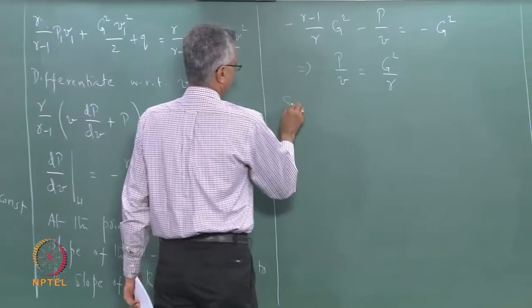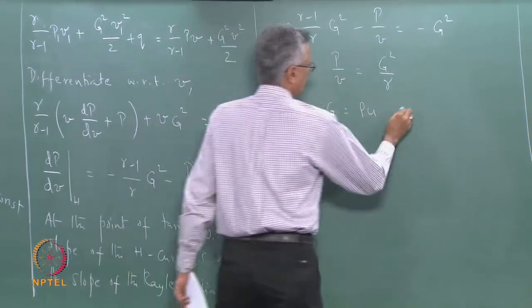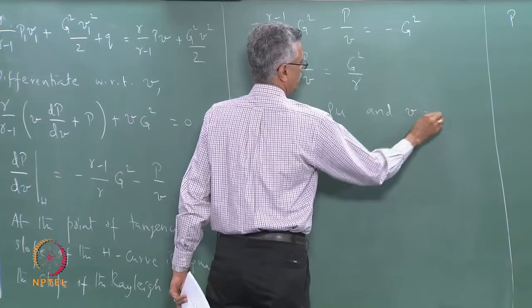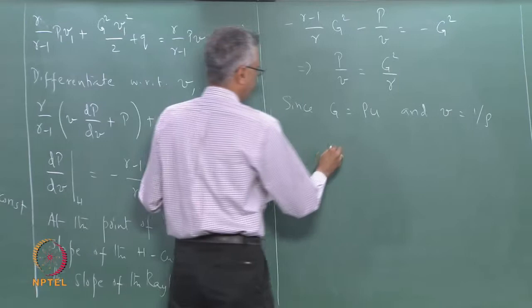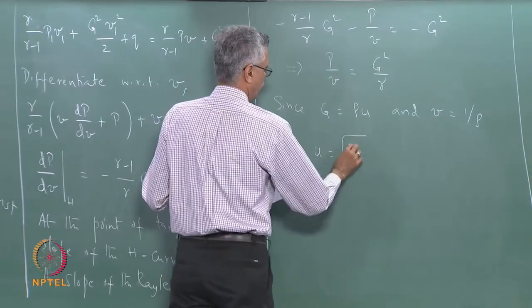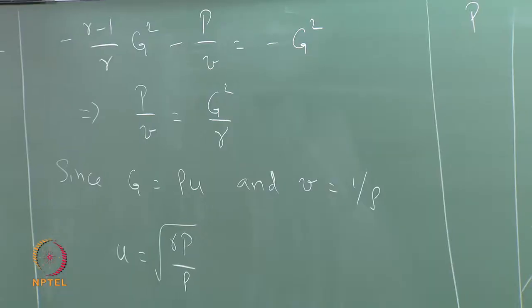Now, if you use the fact that G is equal to rho times u and V is the reciprocal of the density, I can easily show that u is equal to square root of gamma times P over rho. And what is this equal to?